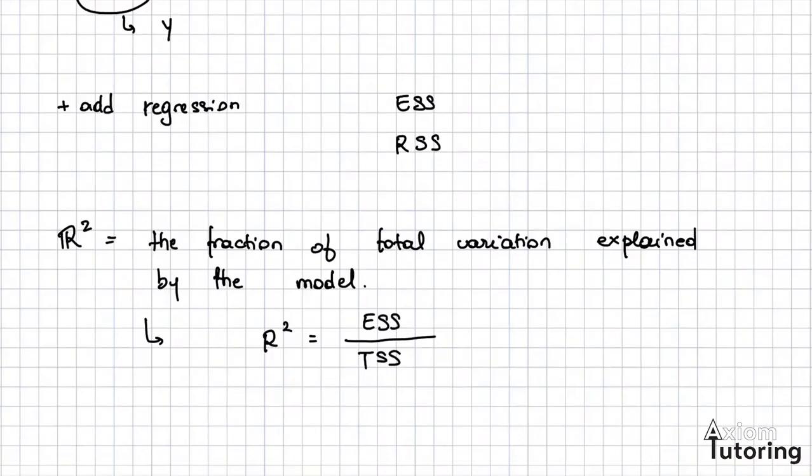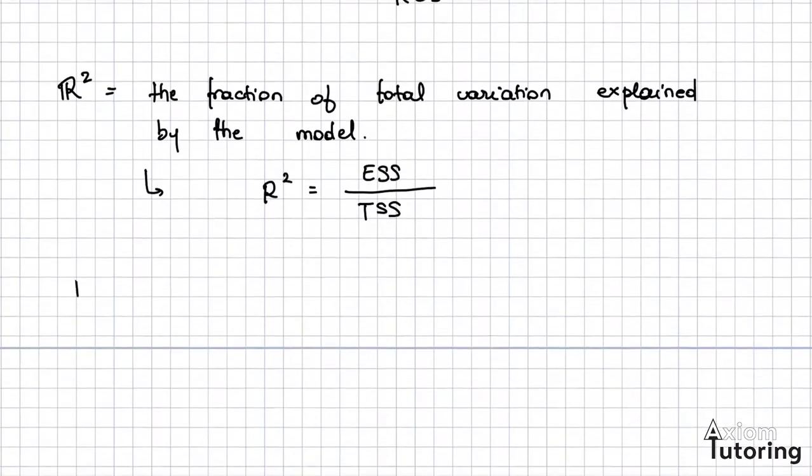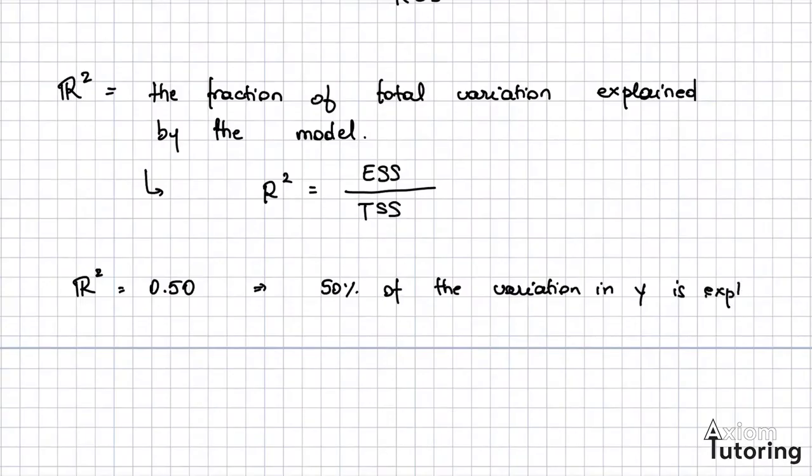How do we interpret it? We see a number in our regression output, and that is R squared, let's say, equal to 0.50. What that means, simply, is that 50% of the variation in y is explained by the model. Okay?